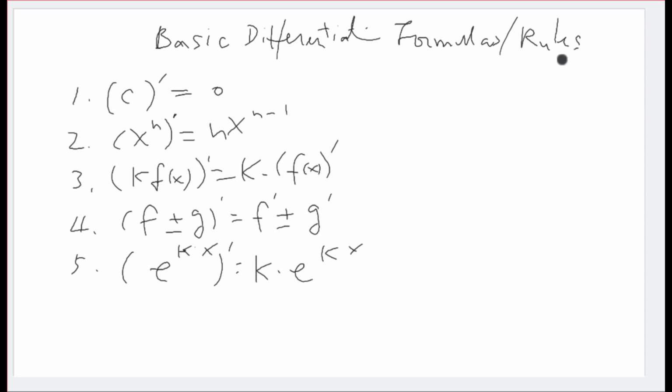All right, before we see some examples, I want to comment on, in mathematics, the slight difference between formulas and rules. Sometimes we use them interchangeably, but there's some fine difference between them.